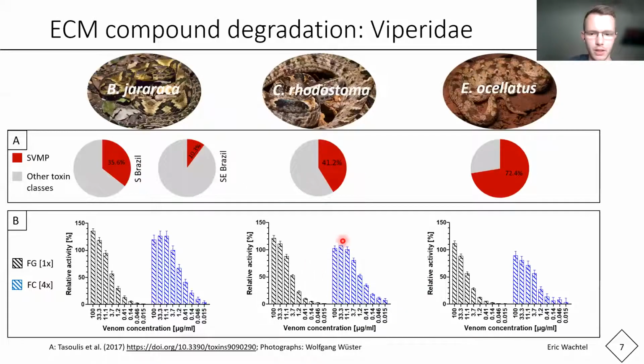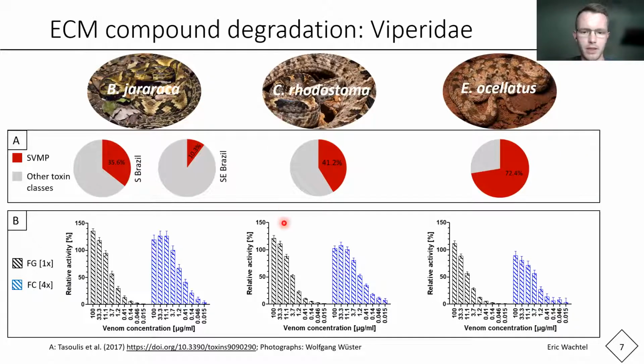Then we have the real, very toxic venoms that drench through these substrates like a freight train. They are very potent, even more potent than our collagenase as a positive control, with Bothrops areata being the most potent, which is kind of interesting, as this one actually has the lowest SVMP share in its venom of the 3 Viperidae species that we tested.